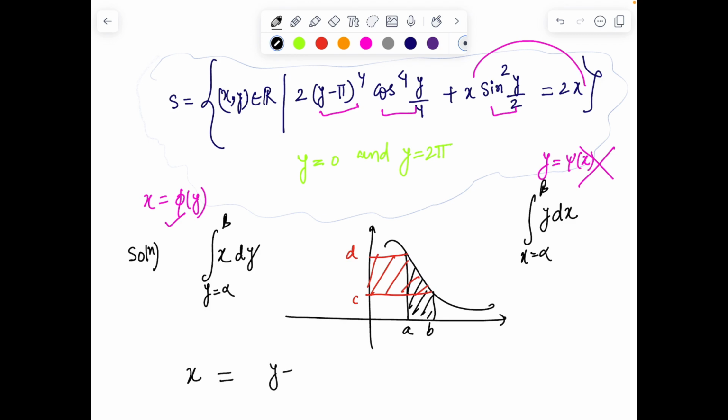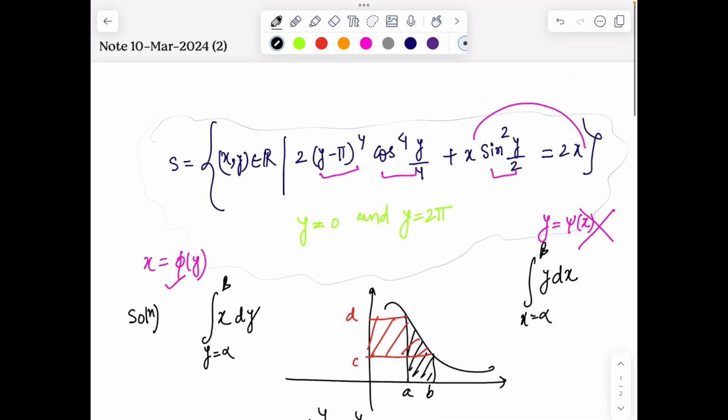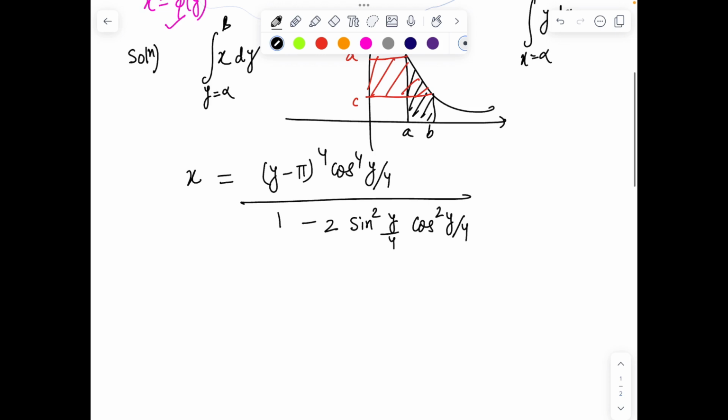So I can clearly see if I bring x on that side, x is going to be y minus pi to the power 4, times cos 4 y by 4 divided by 1 minus 2 sin squared y by 4, and we have cos squared y by 4. This is after we transfer sin y by 2 to 2 sin y by 4 and cos y by 4.